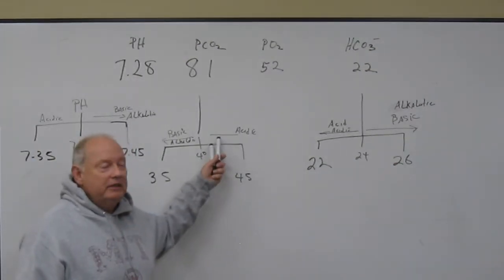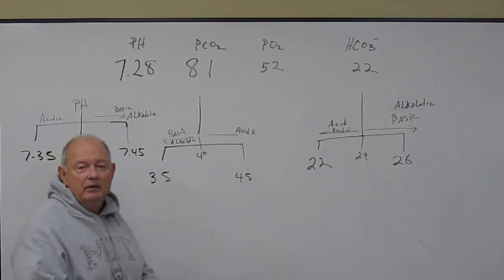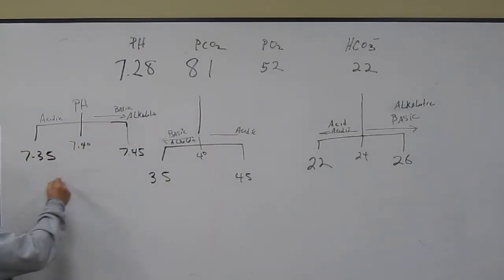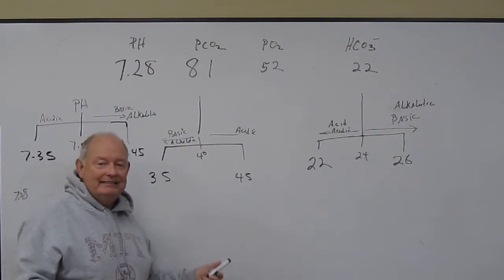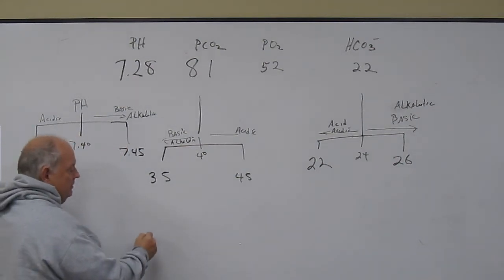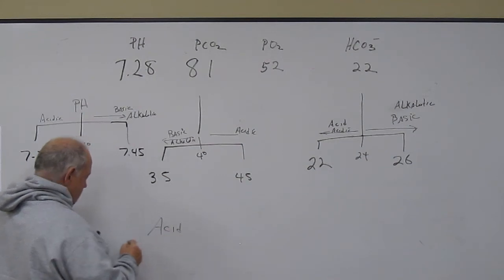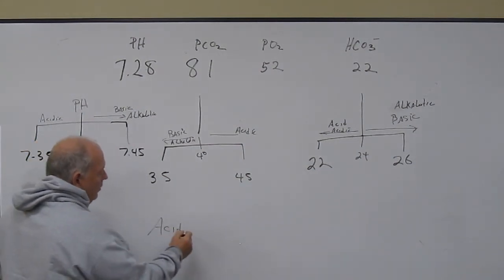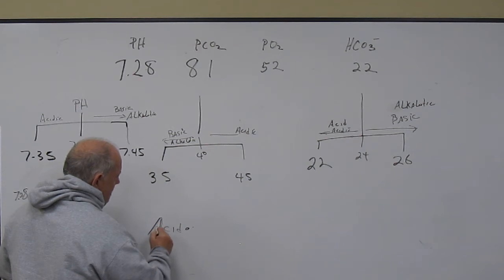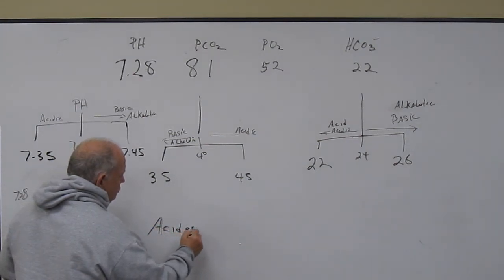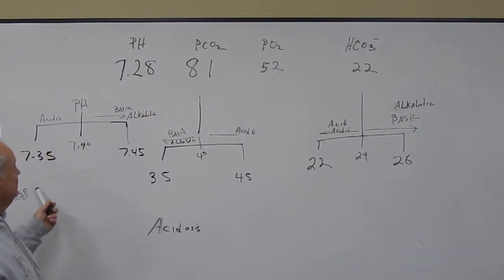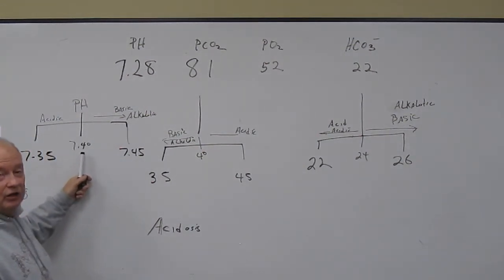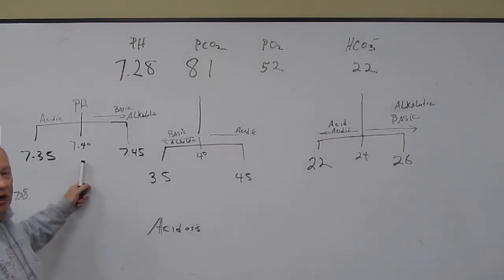Now let's do a breakdown on this blood gas. pH 7.28. Where does it fall? It falls way to the left of this pH. So it's extremely acidic. So of course we call it an acidosis, because it is 7.28, far to the left of 7.40.